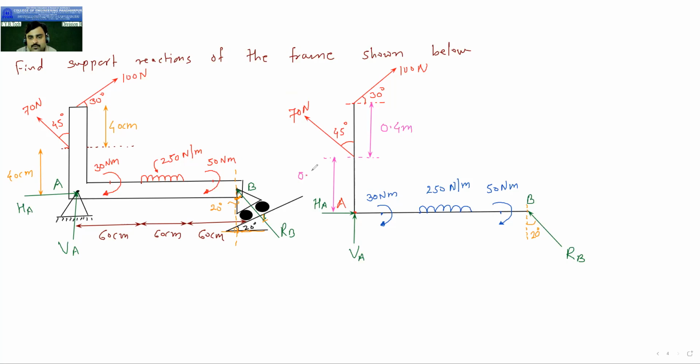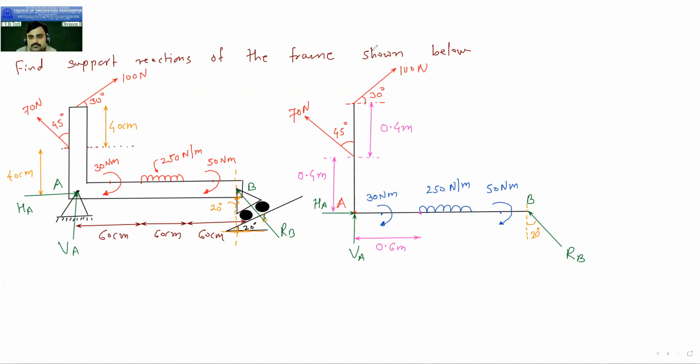Now the distances which are given below. So from this point up to the start of UDL here, the distance is 60 centimeters, so 0.6 meter.